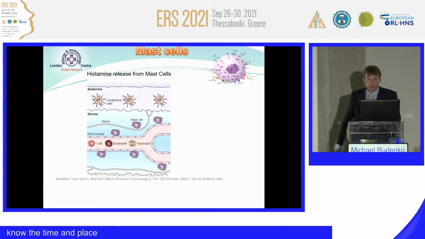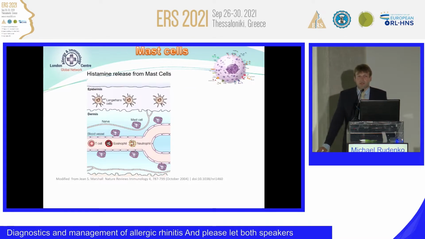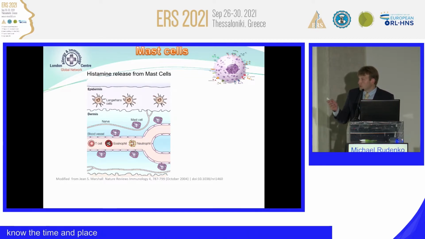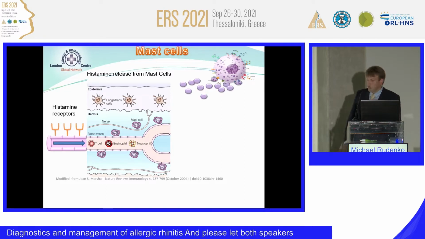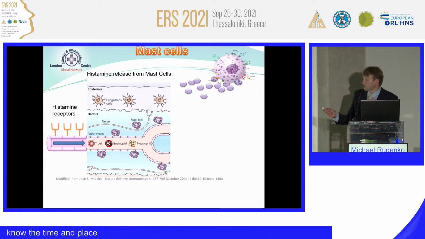So let's see what's actually happening in the tissue, in the mucosal surface of the nose. Alongside blood vessels and alongside nerves, these are the mast cells. You can see the blood vessel, and on the blood vessels we can see receptors to histamine.